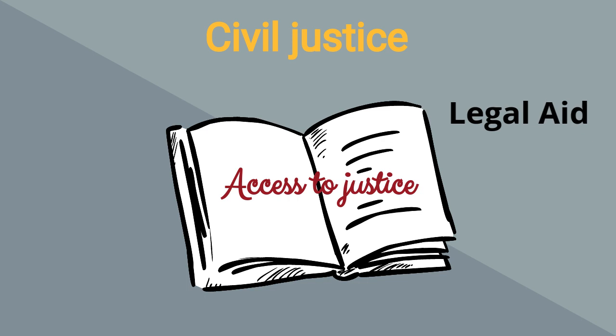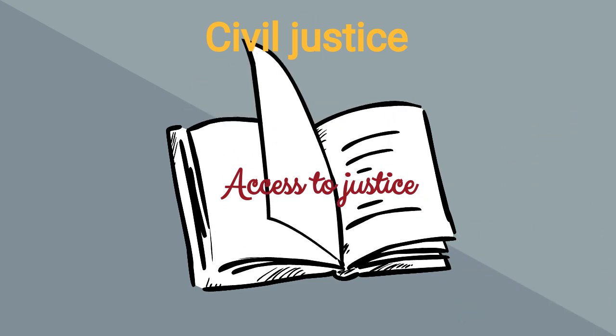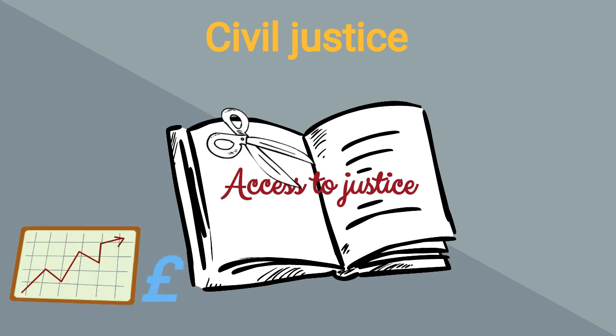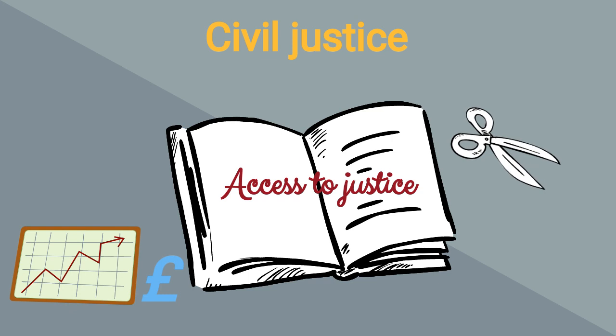This is the name given to the bundle of provisions by which the state has enabled people to bring claims. The principle of legal aid, however, has been eroded in recent decades, and provision has been treated by governments as being a financial burden and has been dramatically cut back by Conservative-led governments since 2010.